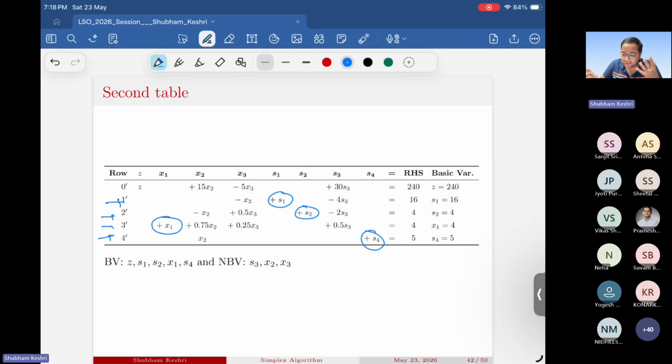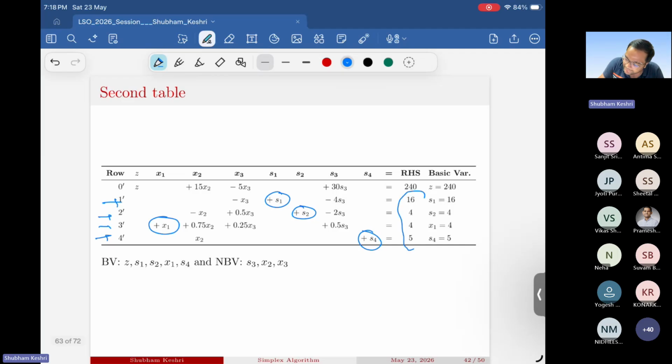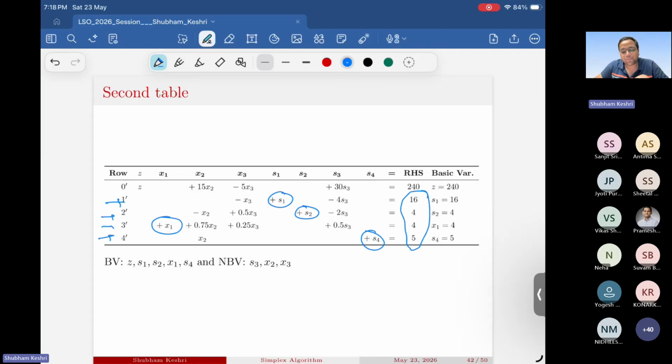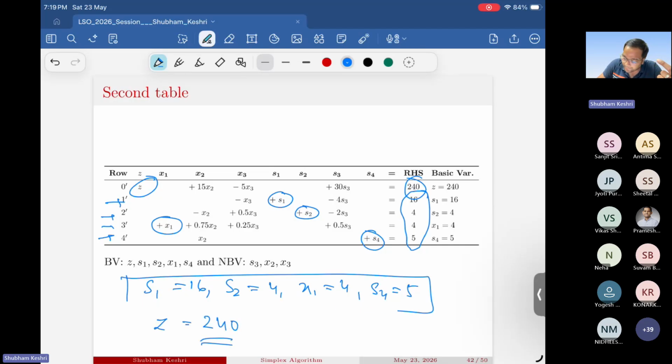Now we have understood that once we have canonical form, you just take the right hand side and that will be the value of the basic variable. So s1 is 16, s2 is 4, x1 is 4, and s4 is 5. And the objective function value Z has become 240. You see, you have moved to a new basic feasible solution.